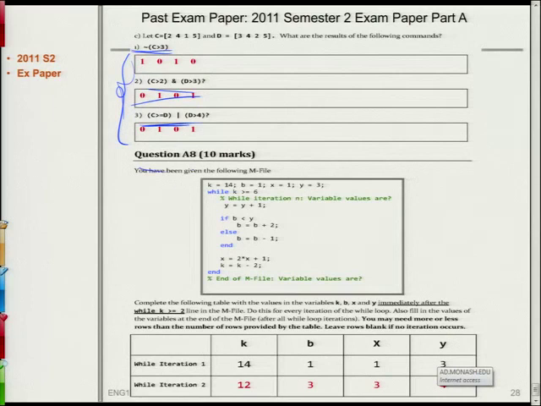And the last question, A8. Okay, so here is a mistake. A8 gives you starting values K, B, X, Y, and you have a while loop. This while loop starts with K equal to 14, greater than 6, and then you do this computation.